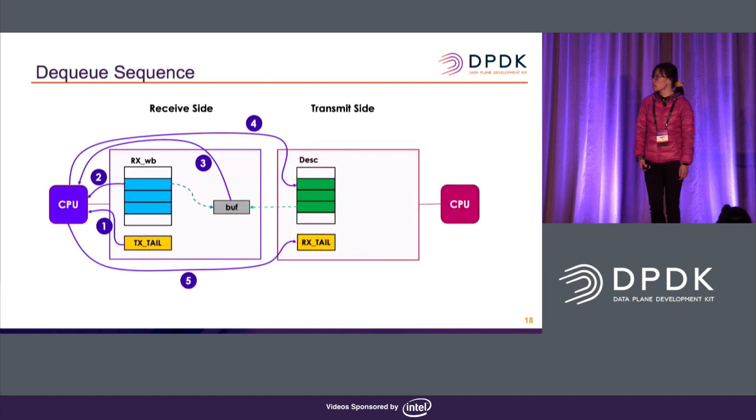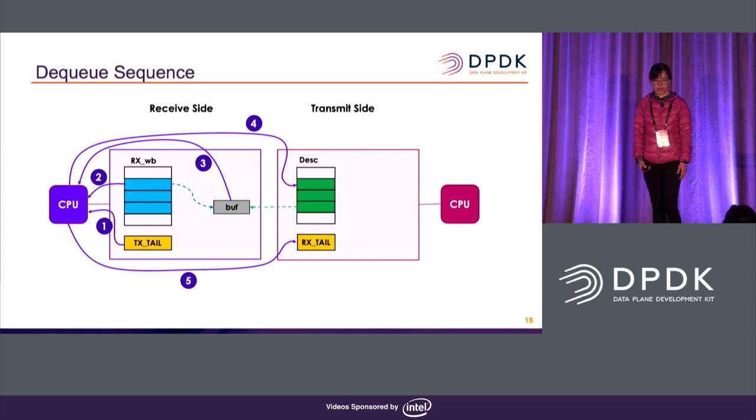Another easy way to understand the dequeue sequence is that the CPU of the receive side checks the TX tail and finds the packet is received, and checks the RX write back information to get the buffer and the packet length. The packet is read from that buffer by the CPU.